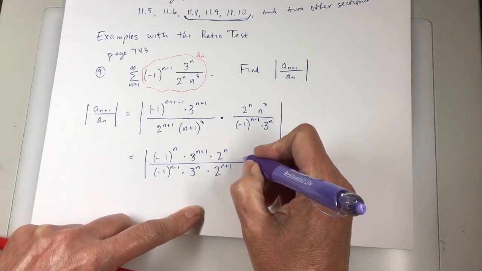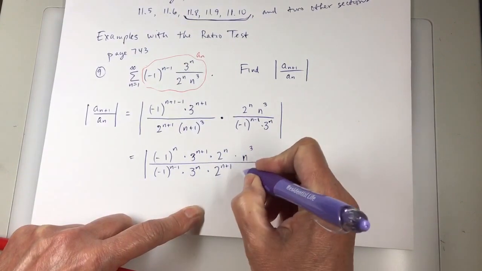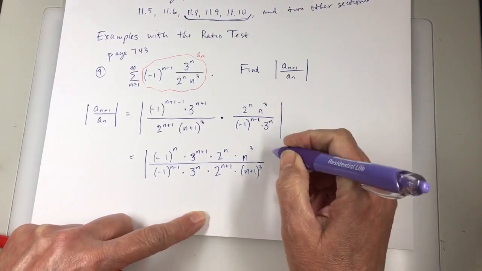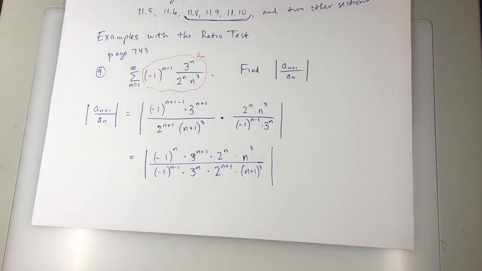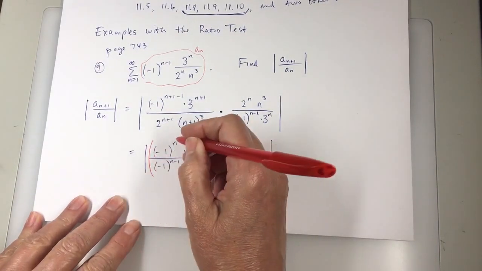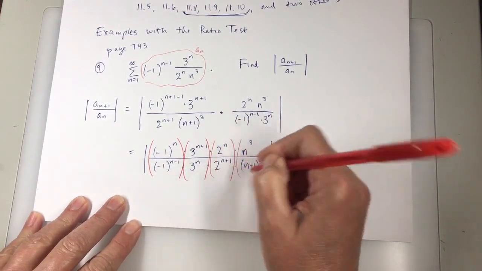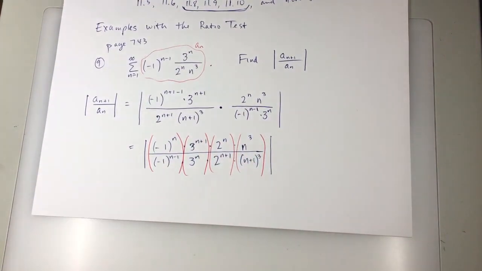And then I have n cubed in the top and n plus 1 cubed in the bottom. So get things that look similar together, and you're looking at it then as 4 fractions multiplied together.